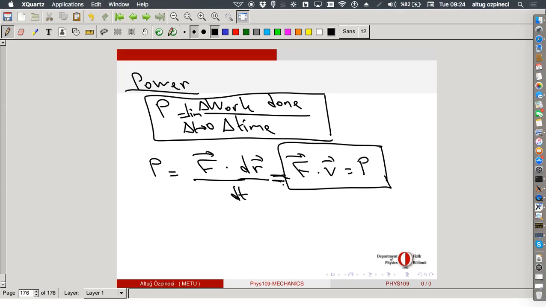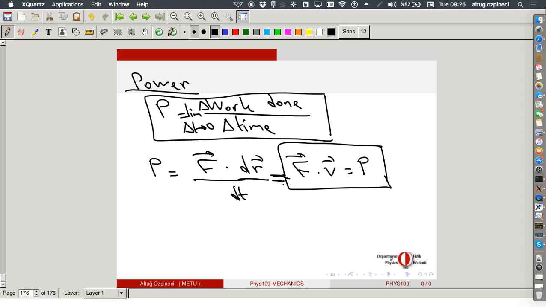Now, if you go faster, the air drag will be larger, so you have to exert a larger force. Plus, you want to go faster, so your speed will be large. So that's why your power should be large. Otherwise, the car cannot go fast.